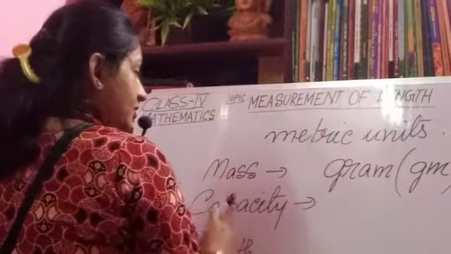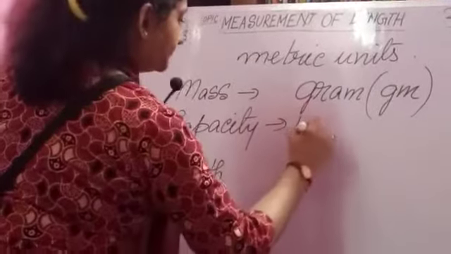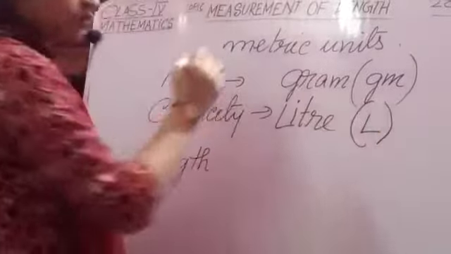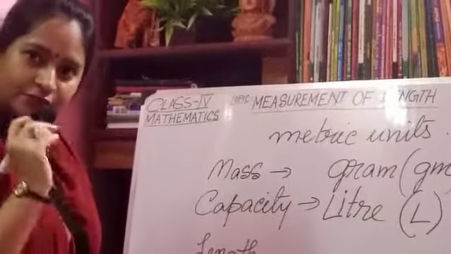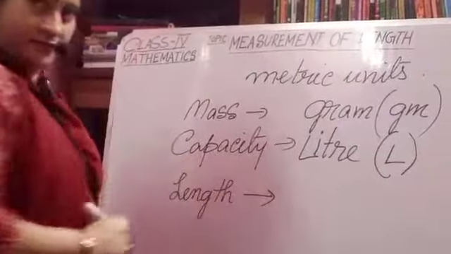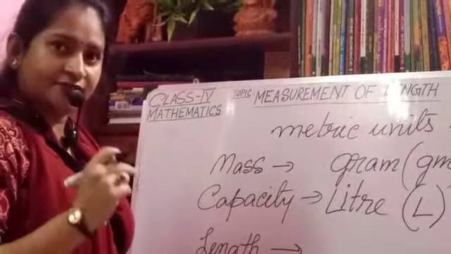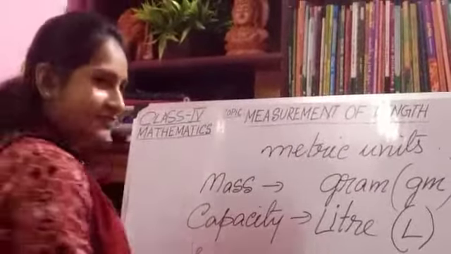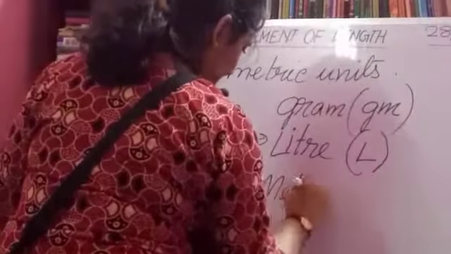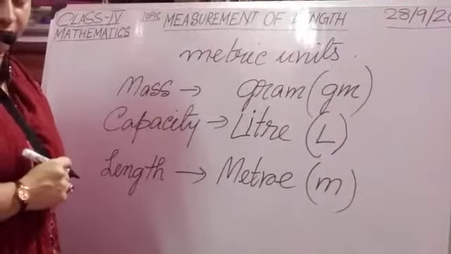The standard metric unit for measuring capacity is liter. We use L to denote liter in its short form, right? And lastly, length. We need to measure it in our day-to-day life, and the standard unit for measuring length is, do you know? It's meter. We use m to denote meter.